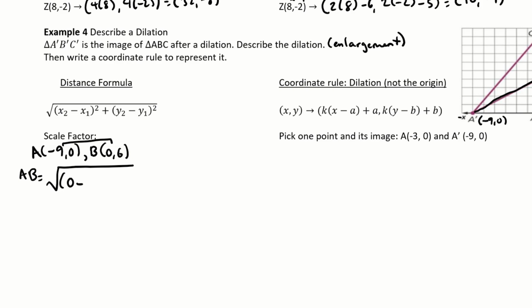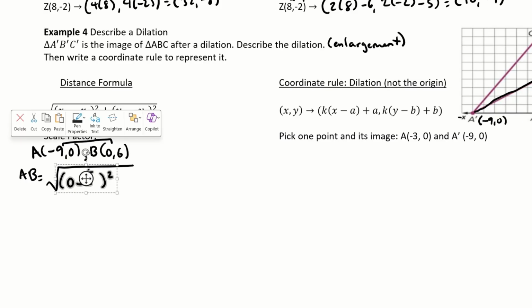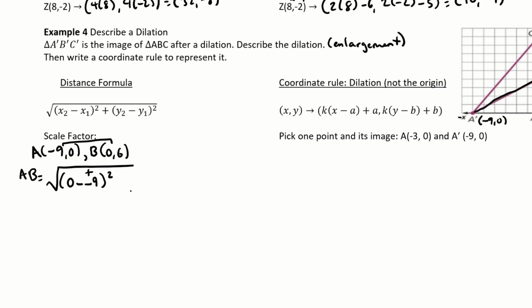The double negative turns into a positive here, and this is a 9. It's hard to tell, so I wanted to redraw it. And then plus, now you're going to do the two y coordinates: 6 minus 0, squared. 0 plus 9 is 9, so we get 9 squared plus 6 squared.